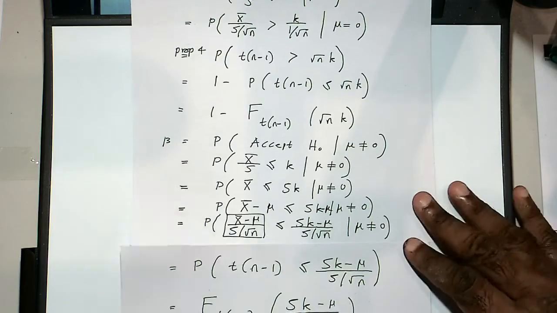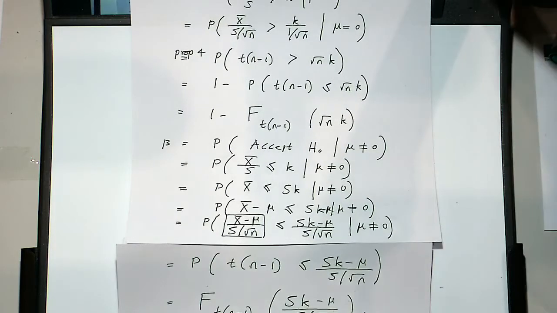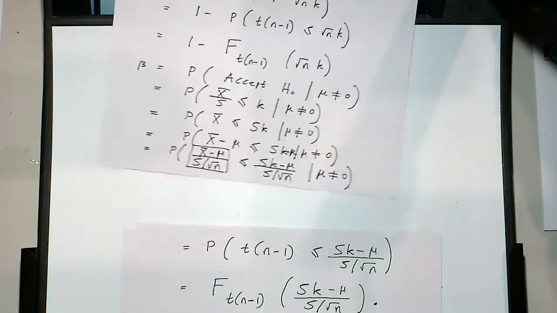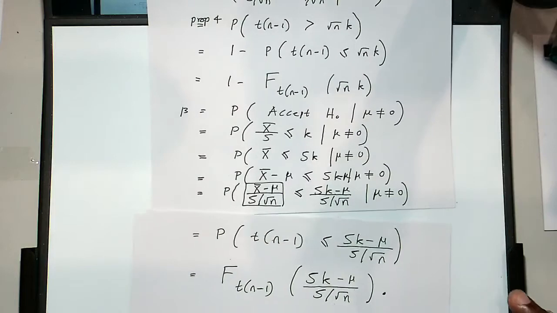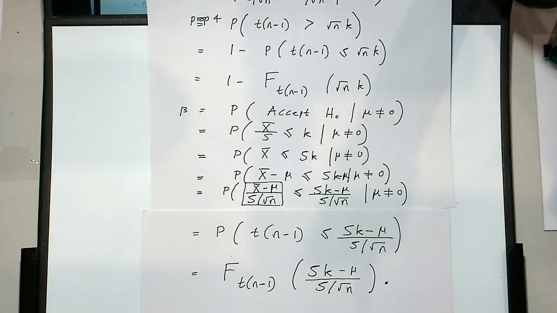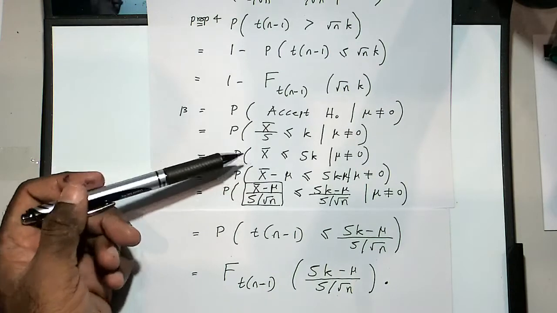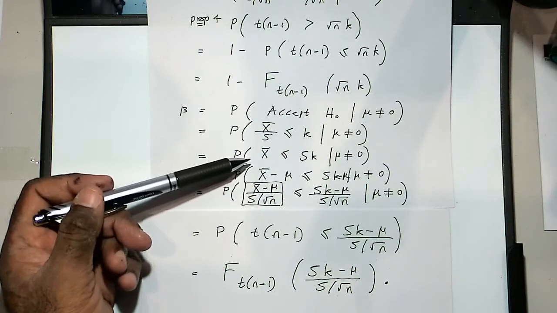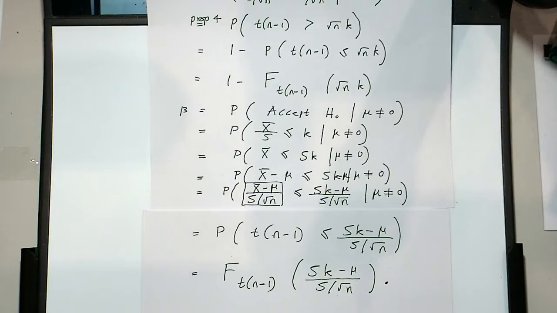I know this is a little bit complicated, but I hope you get what I'm saying. I will not ask you something like this in the exam, but I hope you understood what I meant. Because x bar has mean not equal to 0, you can't straight away use property number 4, because in order to use property 4, the mean must be 0. So what I did is subtract the population mean.